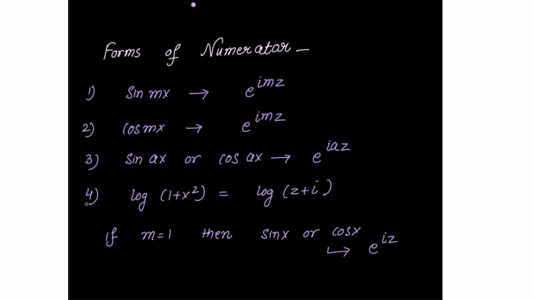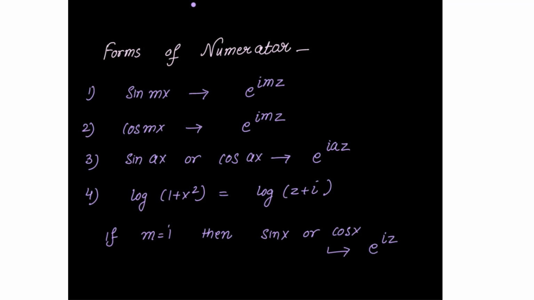Alright, let's read this first. If m is equal to 1, then sine of x or cos of x will be changed into e to the power iota z, because m is equal to 1 over here, right? We have done this, right?